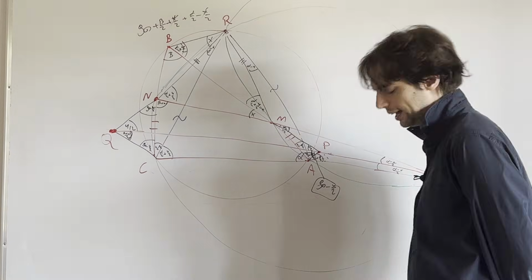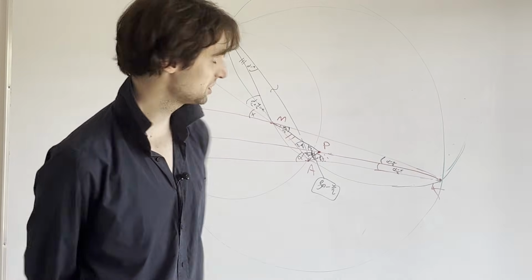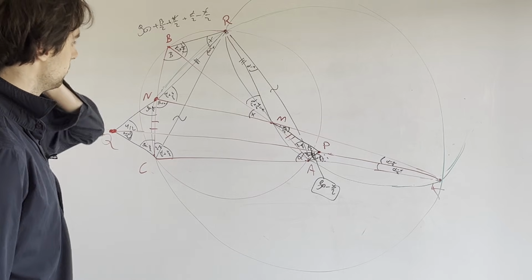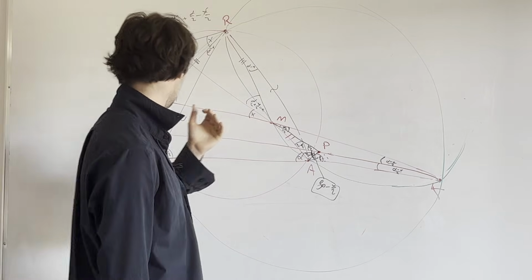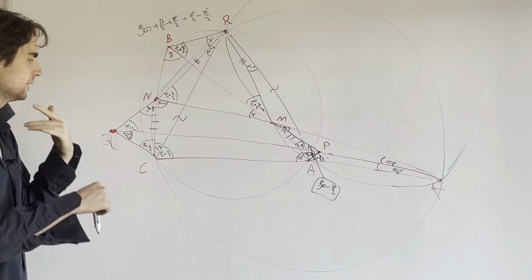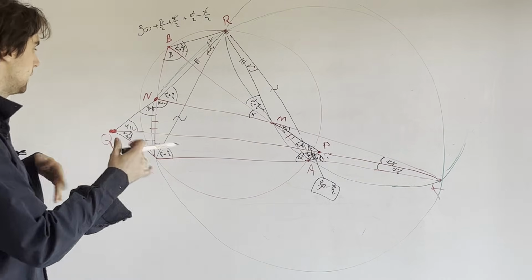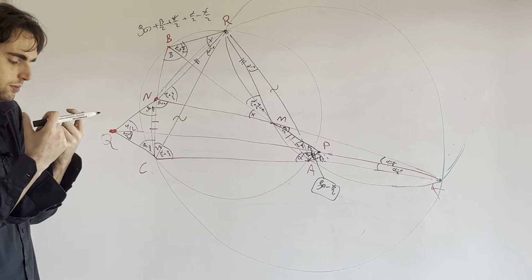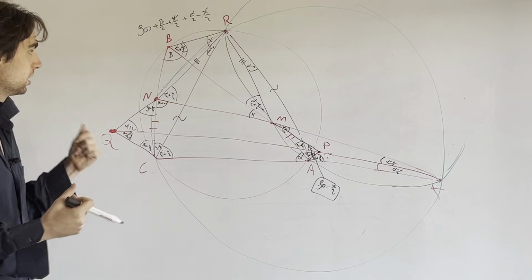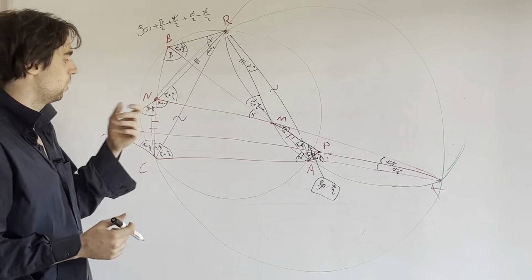And then maybe the next question I would ask you is, okay, these P and Q, they're both on this angle bisector. Is there something else that might be here that I can use to further establish a connection between R and Q, R and P?